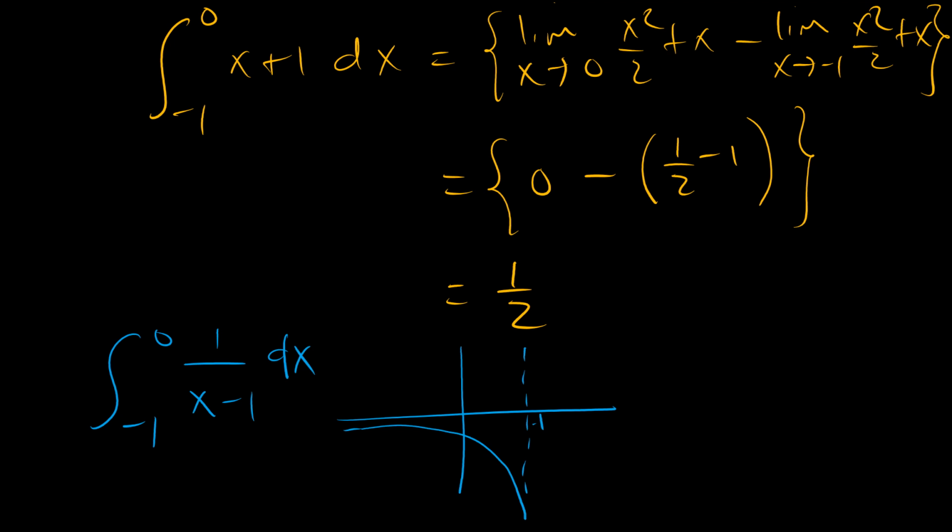And then on the positive side, when x is greater than 1, we begin with a very large value close to the asymptote, and as x tends to infinity, the graph tends to 0. But we are asked to find the area between -1 and 0.